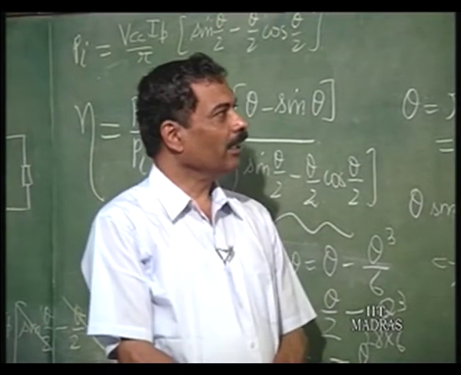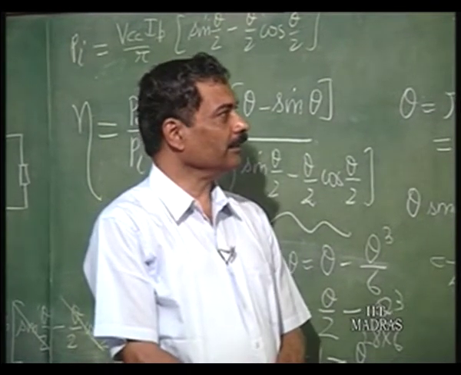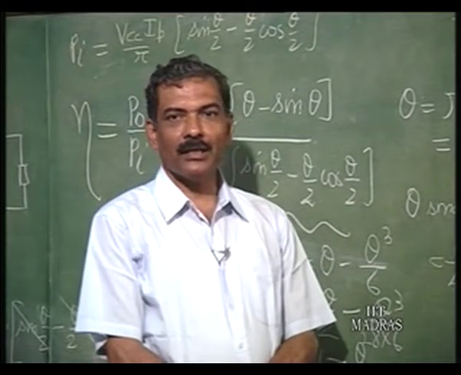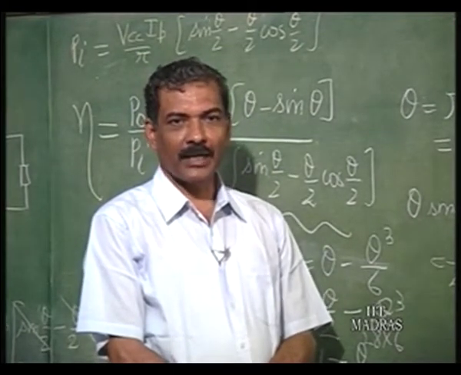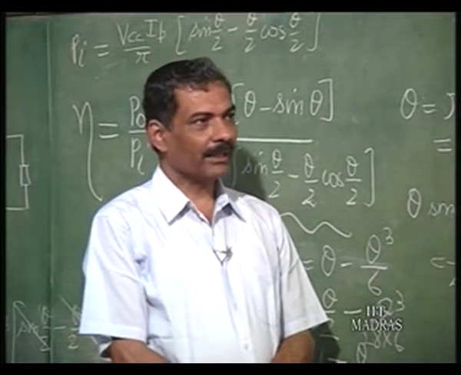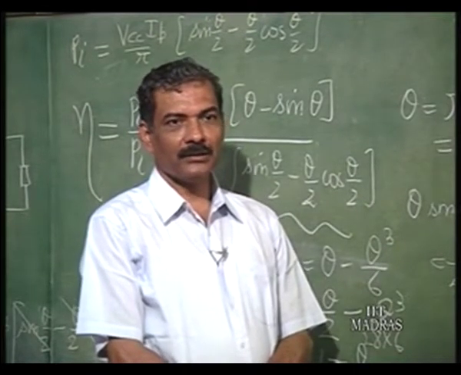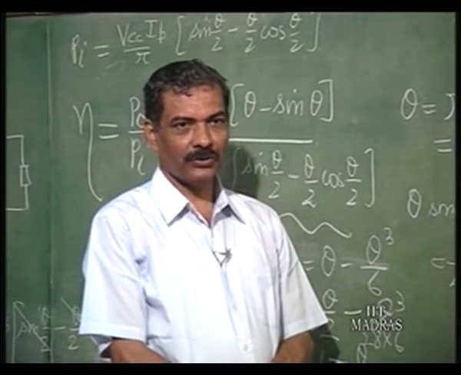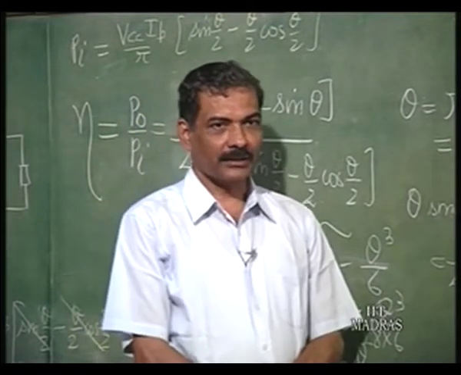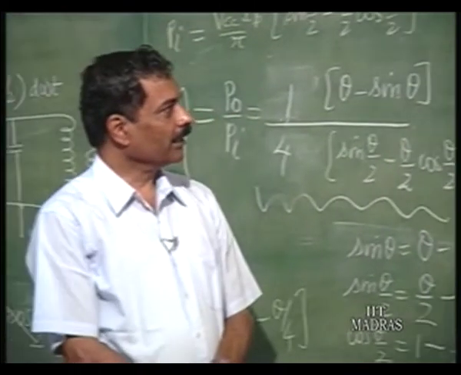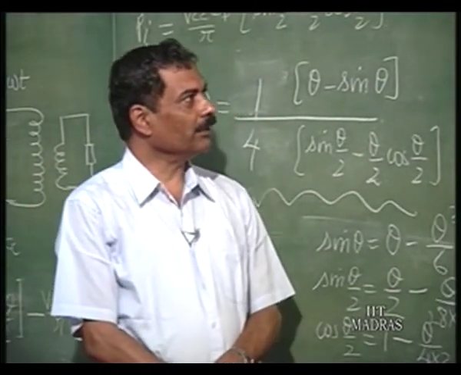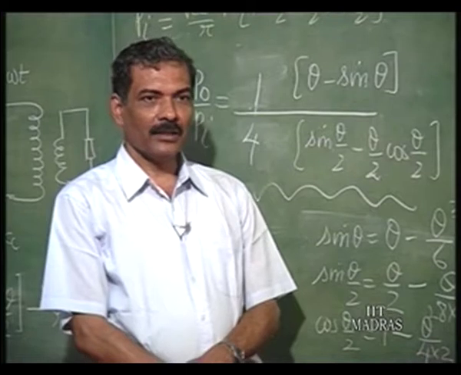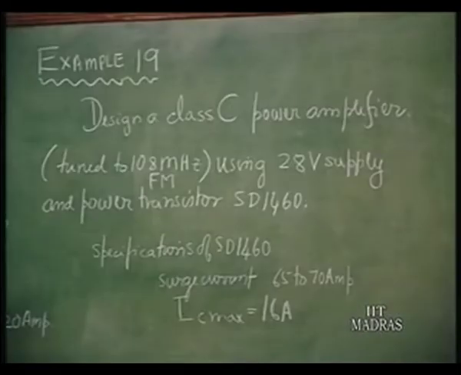Okay. We can use currents of the order of 10 to 15 amperes, okay, working at about something like 50 to 60 volts, okay, the transistor stages. We can get output power of the order of 100 to 200 watts.